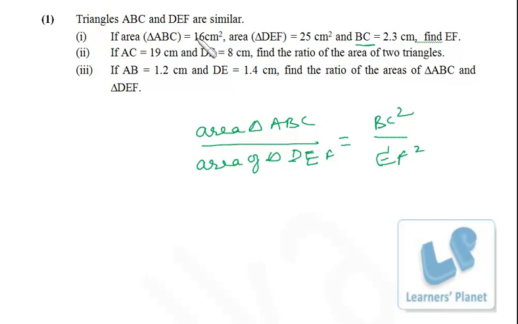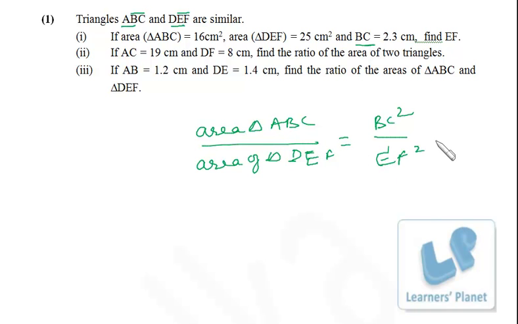Generally in exams, when the two triangles are given as similar, you can take the sides as AB in proportion to DE, BC in proportion to EF and AC in proportion to DF. So here BC in proportion to EF, so BC square by EF square.